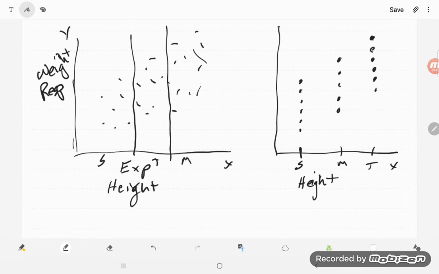Now, of course, if you have repeats of numerical values up here, so here's our weight, there's Y. But what does this remind me of? Actually, I would get more information, instead of just plotting the dots, if I had my box plots on each of these.